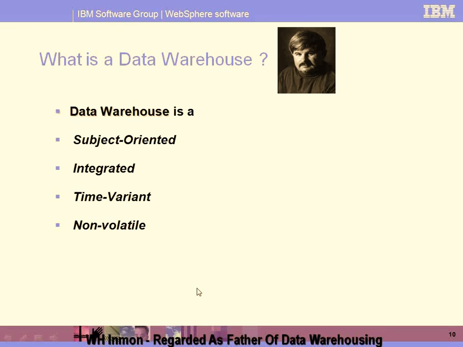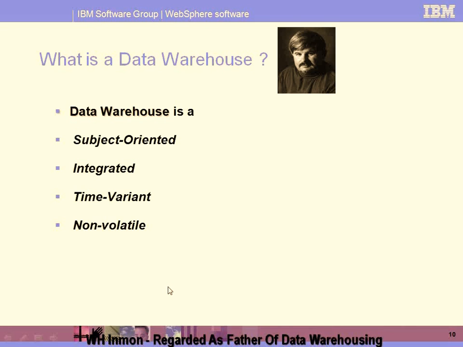So Ralph Kimball gave a definition, but it is not that clear. He did not explain clearly what type of data we want to maintain. But the second generation definition is given by W.H. Inman. According to W.H. Inman, a data warehouse is a specially designed RDBMS.